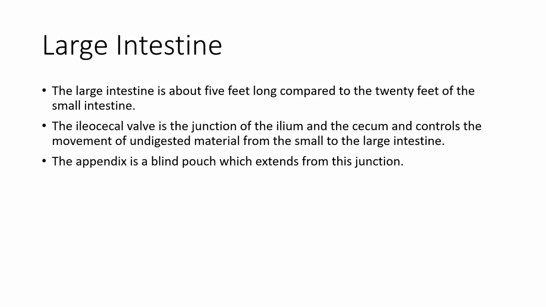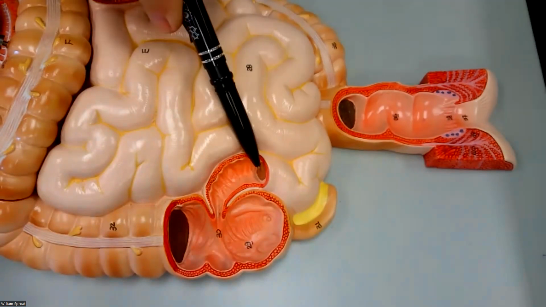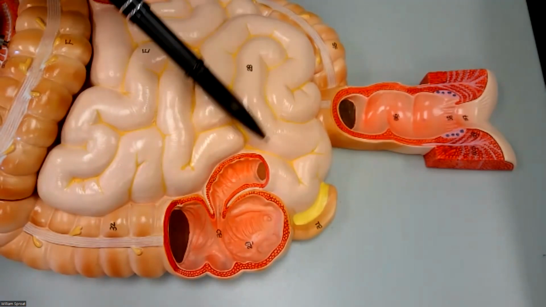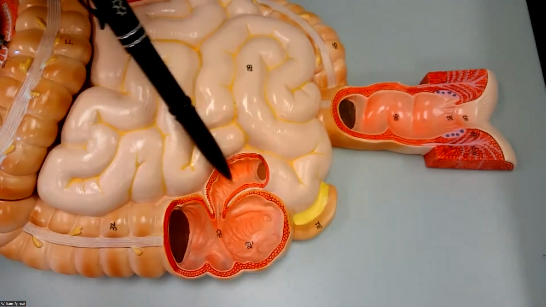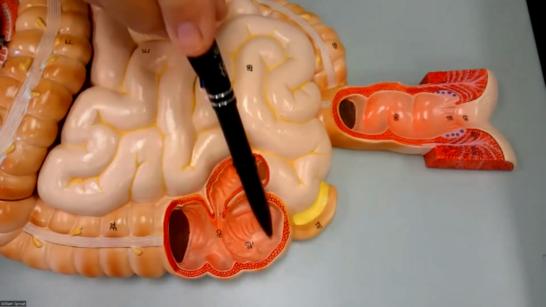Okay, now let's go around like this. The ileocecal valve is this structure right here. This is the ileum, the last portion of the small intestine. The ileocecal valve controls access right here into the cecum. This is the pouch.